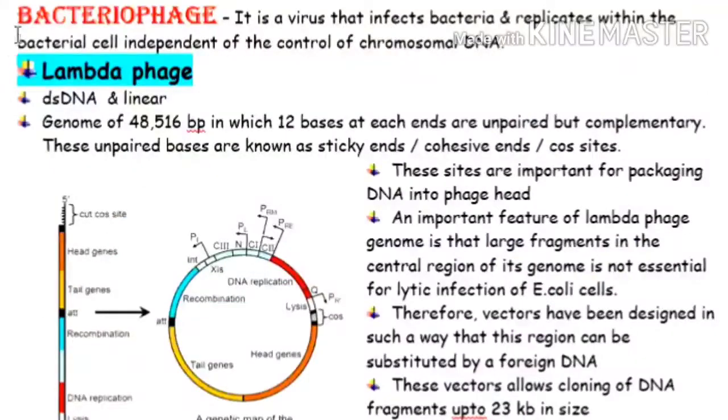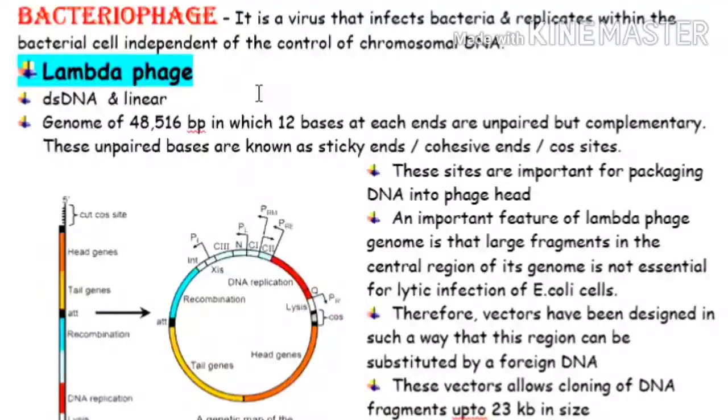Now another vector is the bacteriophage. Even bacteriophage can be used as a vector. First of all, you should know what bacteriophages are. Bacteriophages are viruses which infect bacteria, and we use lambda phage and M13 phage. Lambda phage is linear DNA, and you have studied it in molecular basis also.